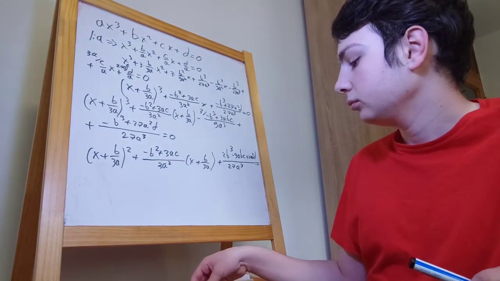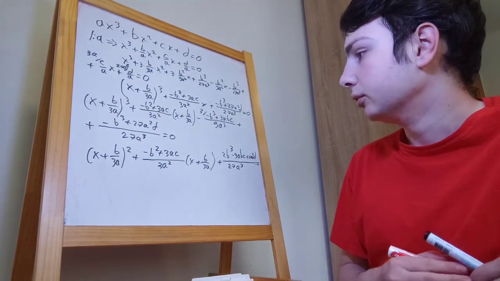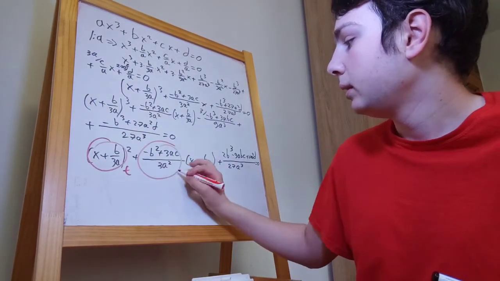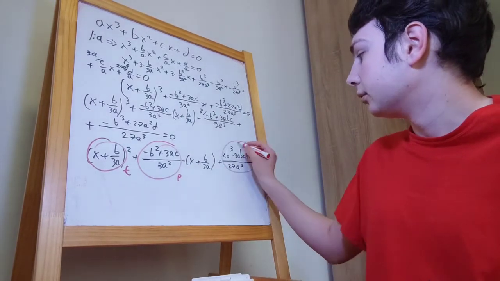So what we'll do is write this to be t, this to be p, and this to be q.